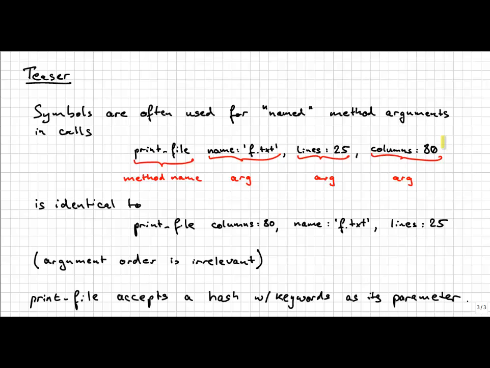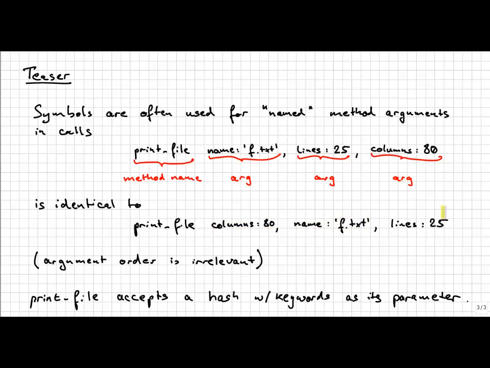And we'll see how this is done a little bit later in this course, but as a teaser, we could rewrite the same call and change the ordering of the arguments, and the call would still go through in the very same way. So here we have the columns first, the name second, and the lines last. So the argument order is irrelevant.